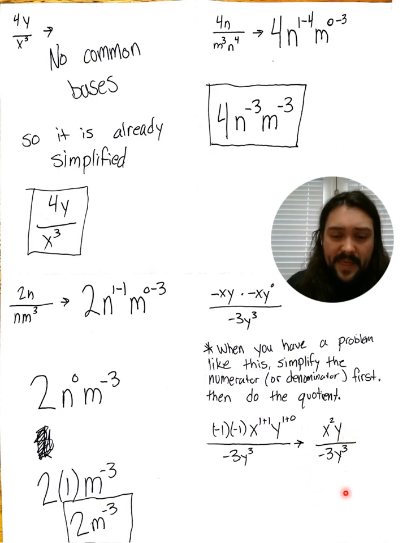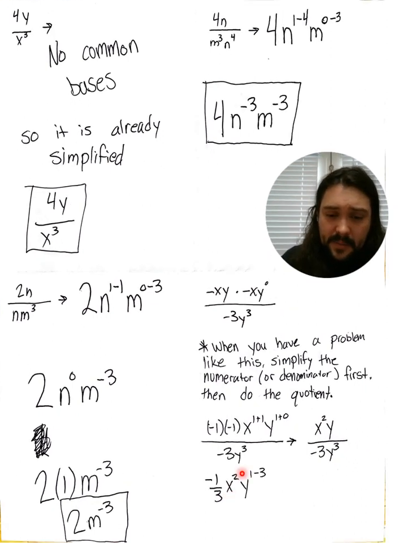So I do the coefficients first, combine the bases, subtract the exponents. So my coefficient is 1 in the numerator, negative 3 in the denominator. So that's negative 1/3. Okay. Then I have 2 x's in the numerator, 0 x's in the denominator, so I'm not even going to include those.